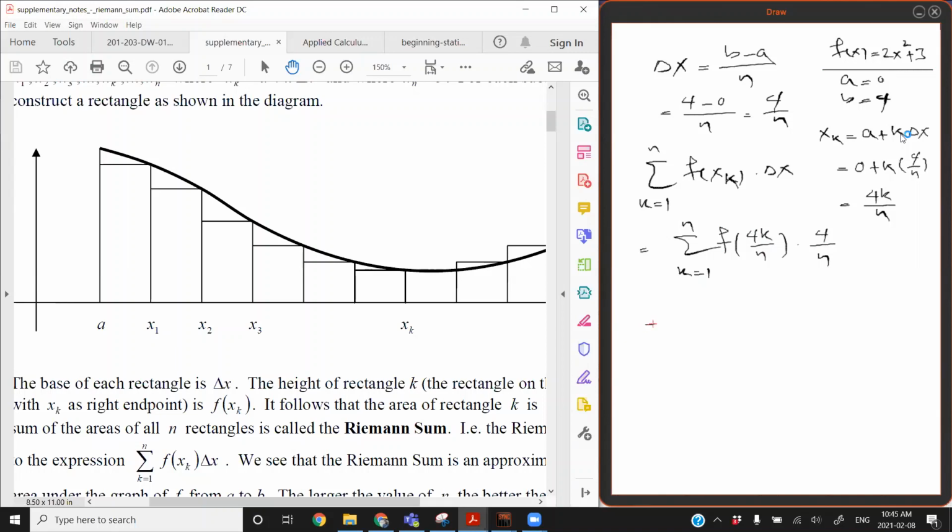I'm going to get sigma k from 1 to n of, I'm going to replace x with this. Get 2 times 4k over n squared plus 3. So this part here is f of 4k over n times 4 over n.